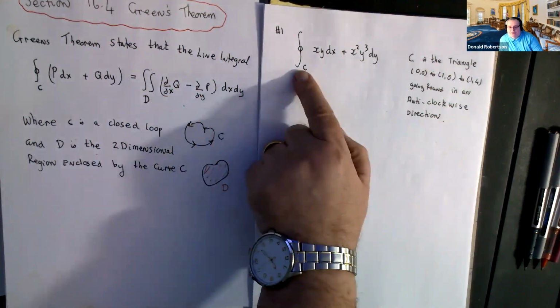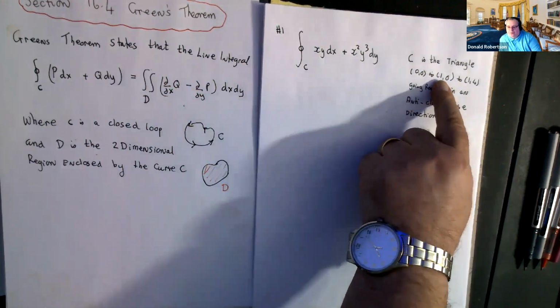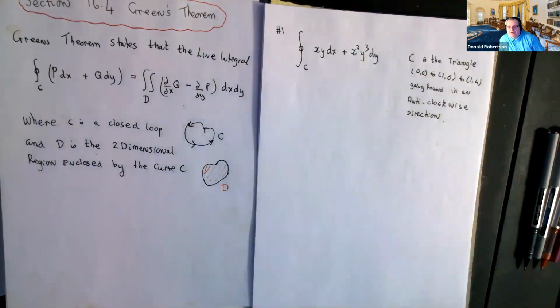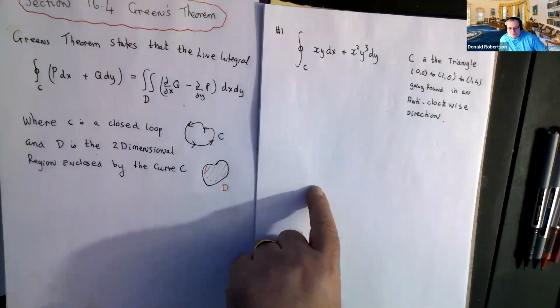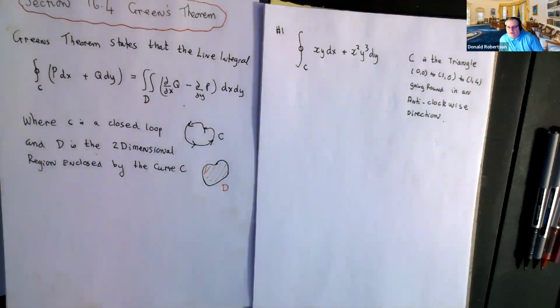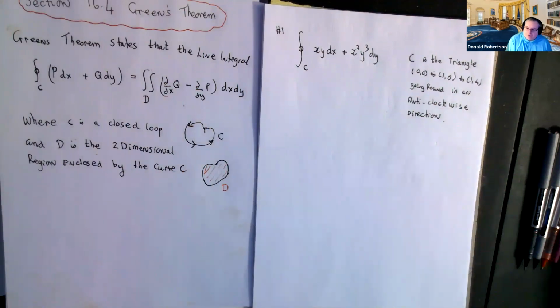Now C, this guy here, is a triangle from the origin to this point to that point, and obviously back to the origin, because it has to be closed. So it's not like two sides, you join the third side up. And you're going to go around it in an anti-clockwise direction.